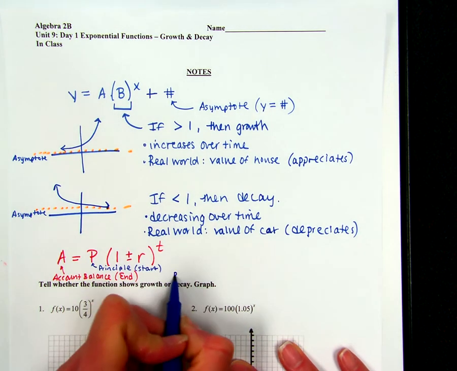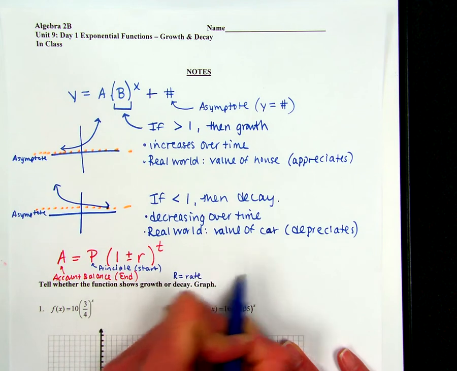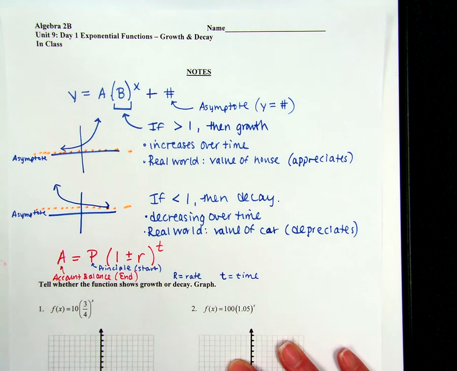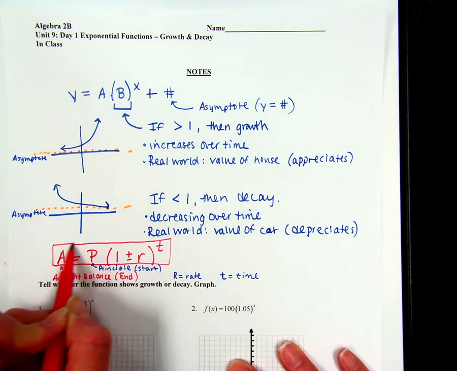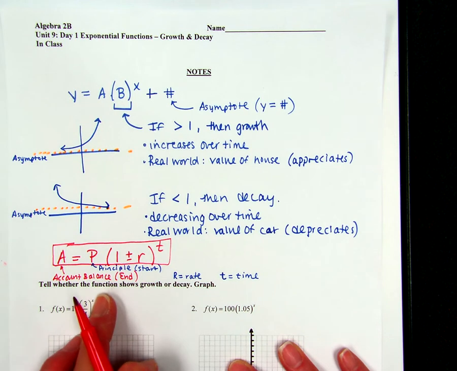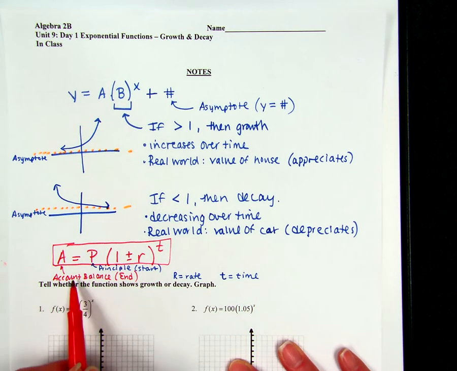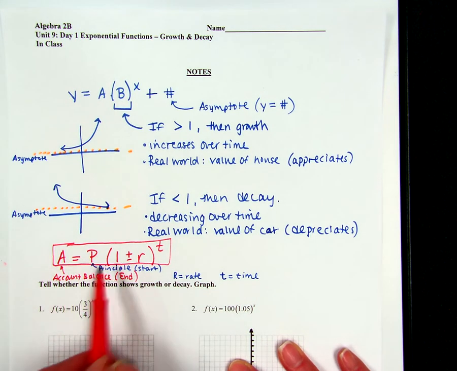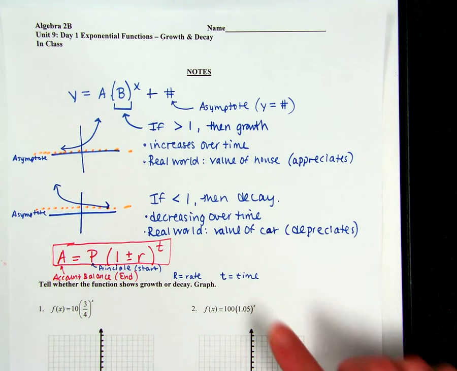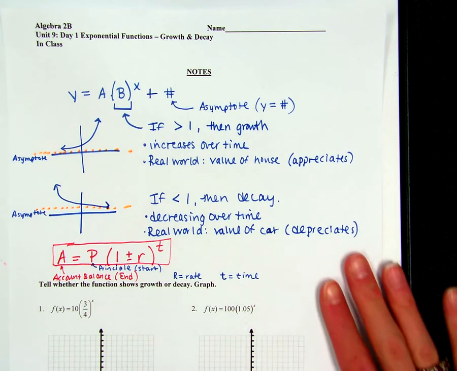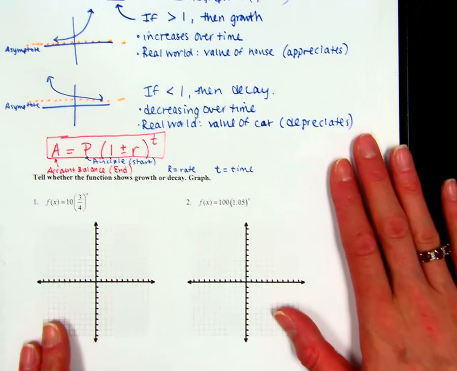R is your rate, and T stands for time. We're going to come back to this formula later, but just so you know what these stand for: account balance is what you end with, principal is what you start with, r is your rate and needs to be a decimal, and then your time. All right, let's go through problem numbers 1 and 2.